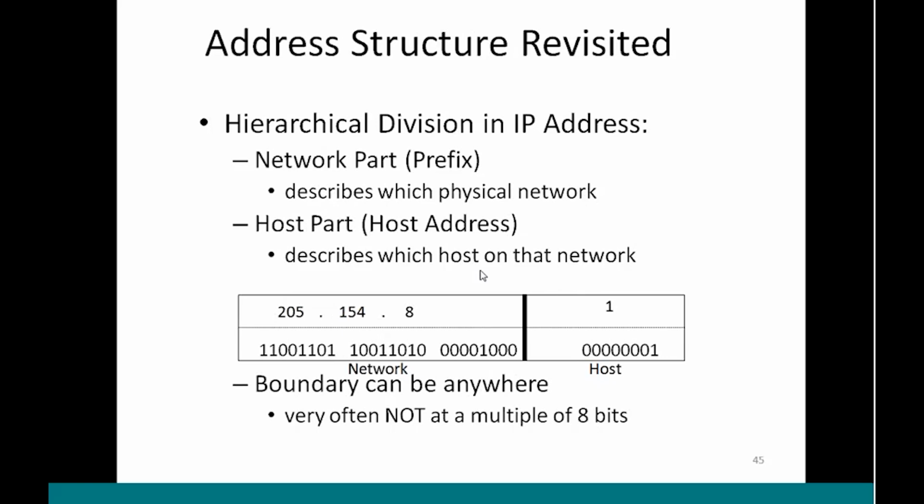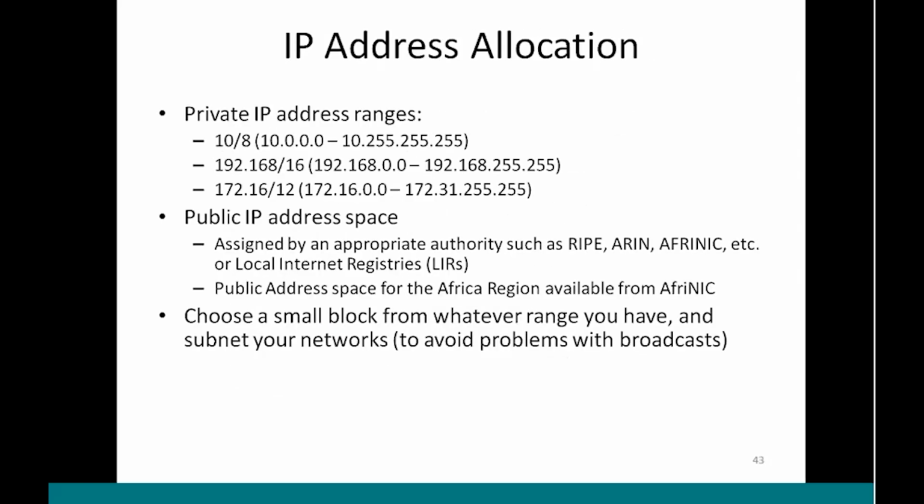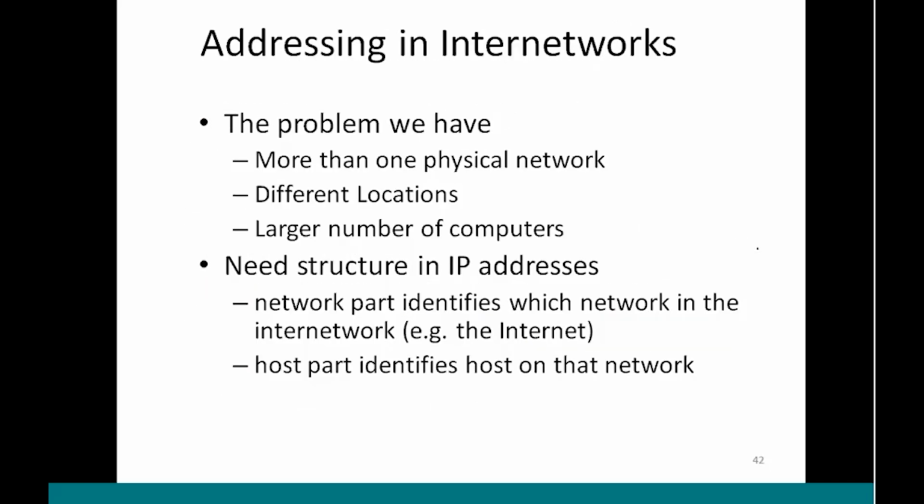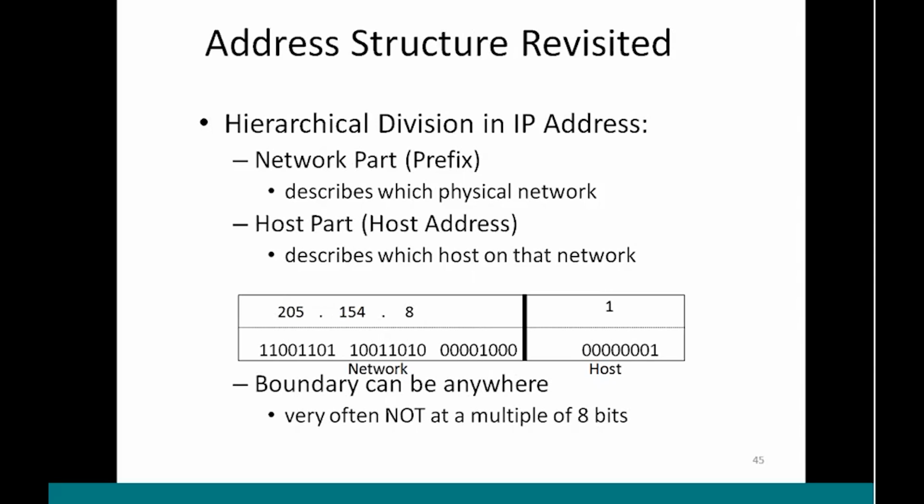So here, we saw in the previous slide there are these 4 numbers, the octets. Basically the first 3 octets now determine the network, and then the last one determines what the host is. Even though we talk about this, the boundary can really be anywhere.